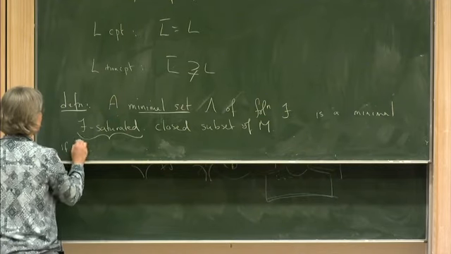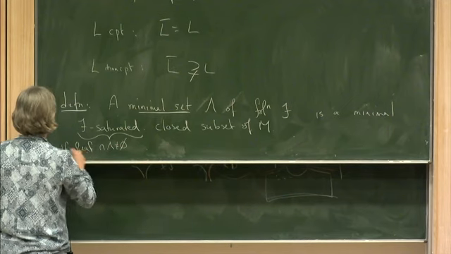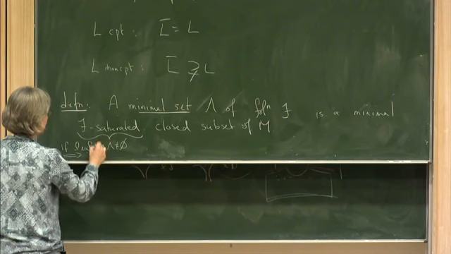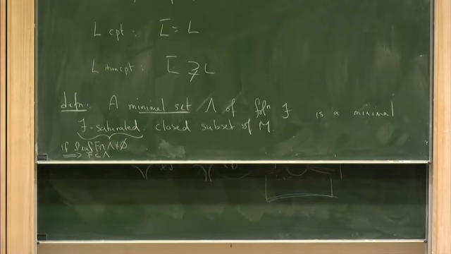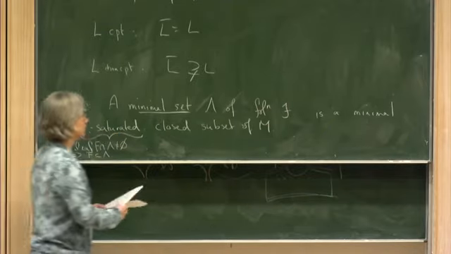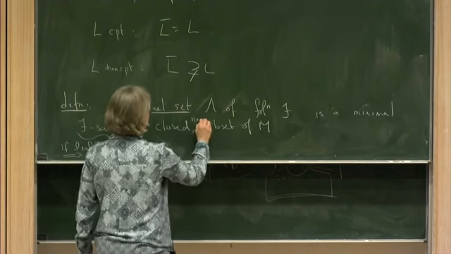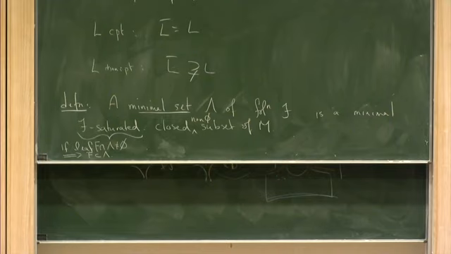So if the leaf intersection with lambda is non-empty, then that implies that the leaf is contained in lambda. And minimal means minimal with respect to F-saturated closed, and I should rule out the empty subset of my manifold. So a minimal set of a foliation is just a minimal F-saturated closed non-empty subset. So it's minimal with respect to these adjectives.